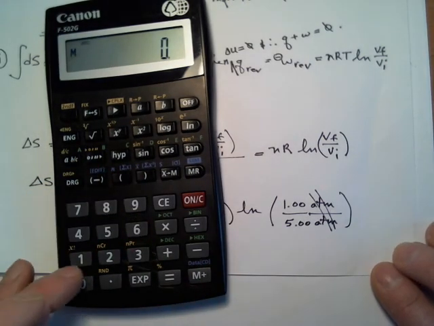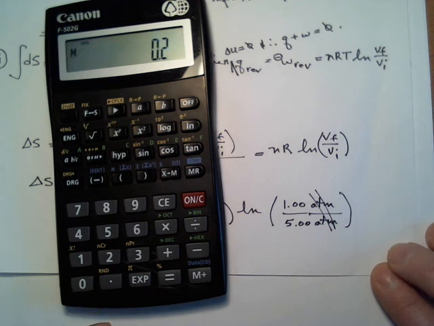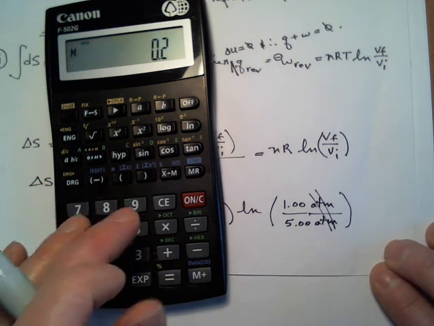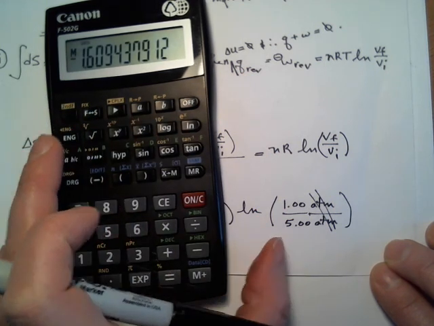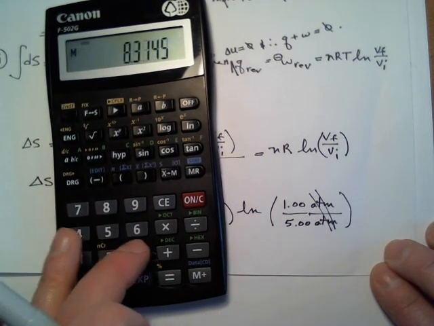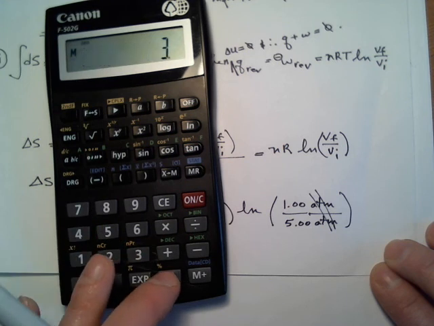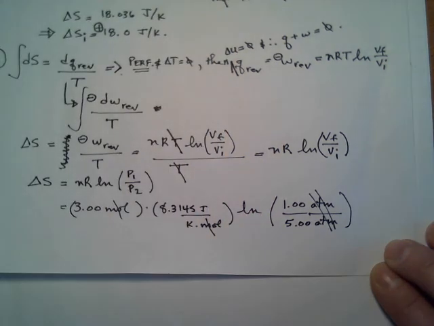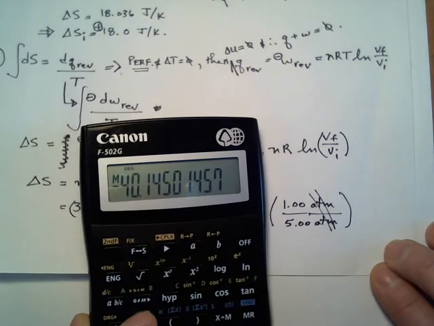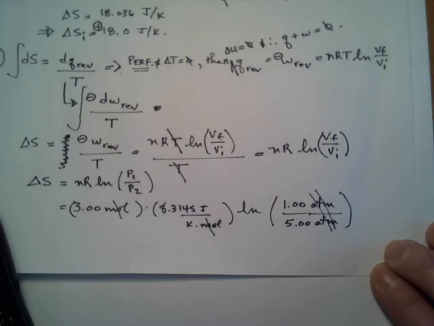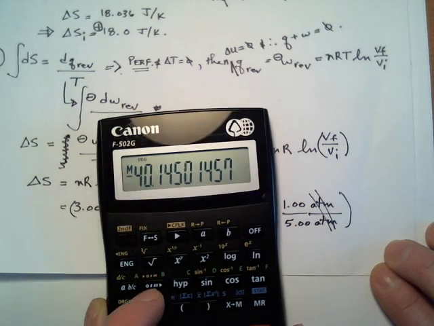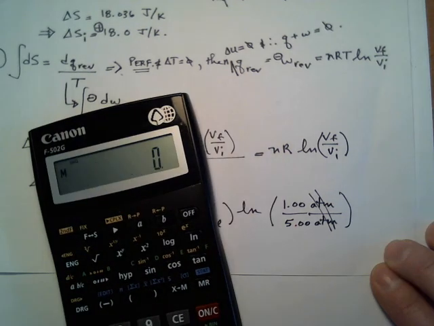So, yep, I did 1 divided by 5 on the calculator for all to see. 0.2 ln times 8.3145 and 3 times that. So I've, oh, look again. Is that a negative 40? Hold on.